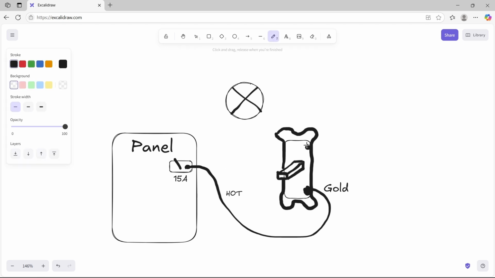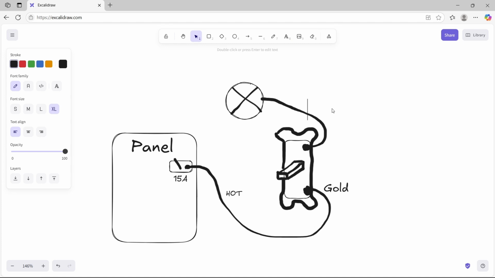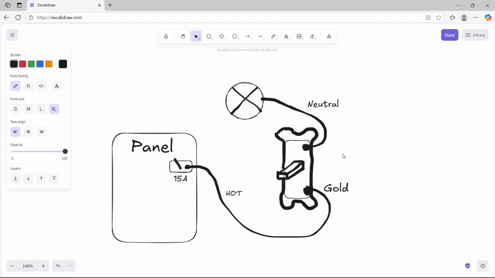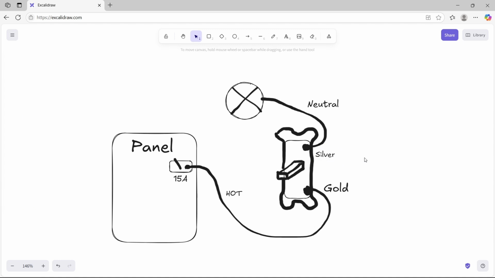Coming out of the top of the light switch, out of a silver screw usually, we have what is considered the neutral. The neutral can still carry a current, so you have to be a little careful about touching the neutral.